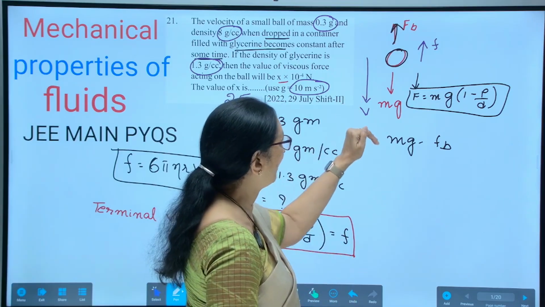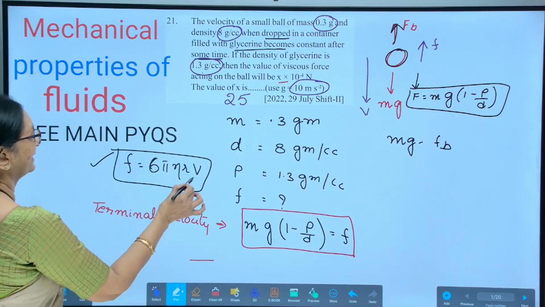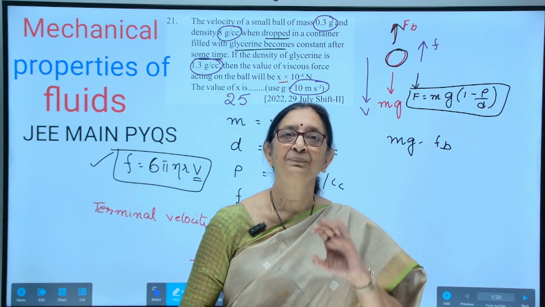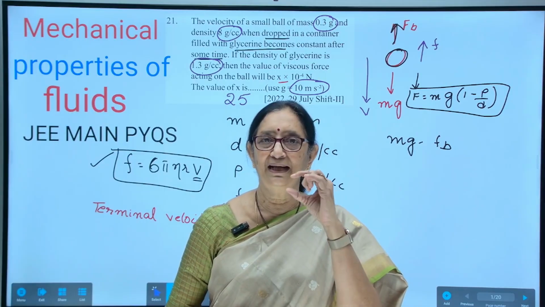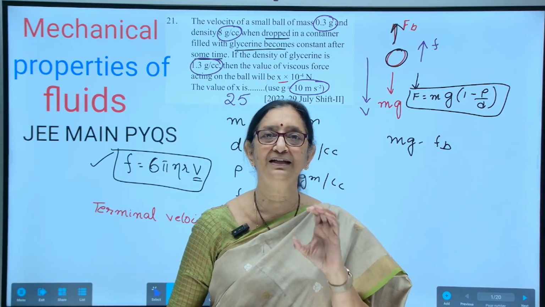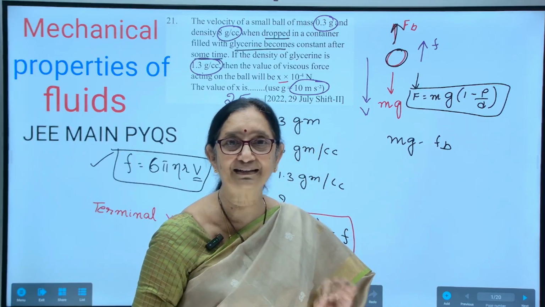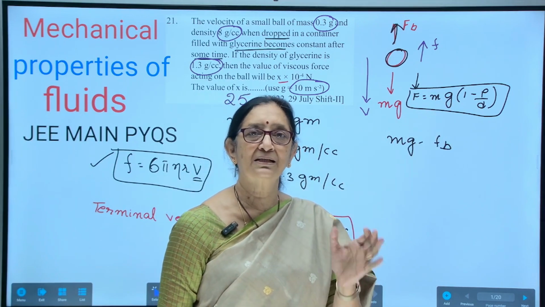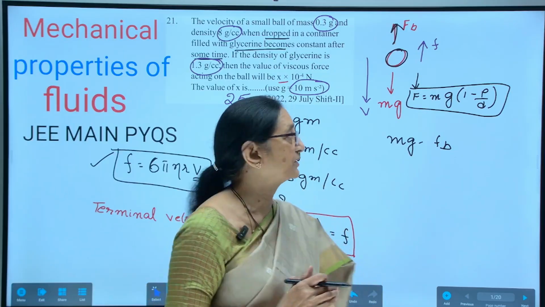As it falls down, velocity increases and as per this equation, as viscous force is proportional to velocity, viscous force also increases. When it attains a particular velocity known as terminal velocity, viscous force exactly balances the net force acting on the object in the downward direction.